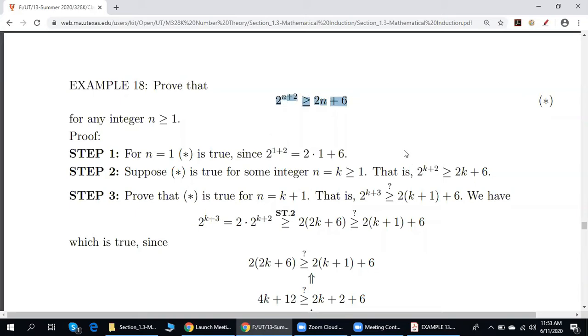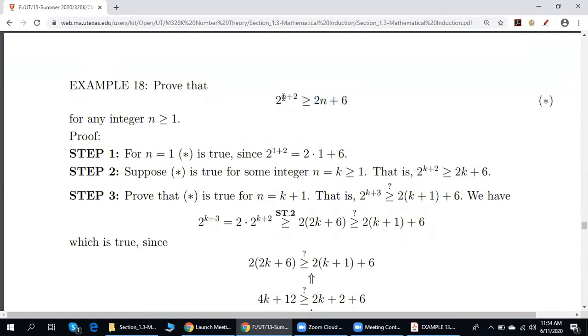Step 2, suppose this is true for some n is equal to k, where k is greater or equal to 1. That is this. So, once again, we just replace n by k here and here. Done. Step 3, we want to prove that this is true for n is equal to k plus 1.